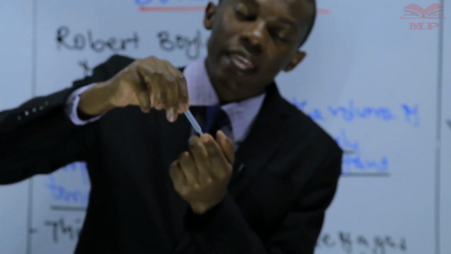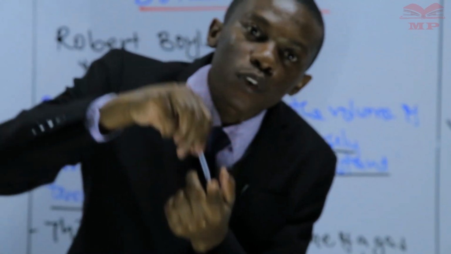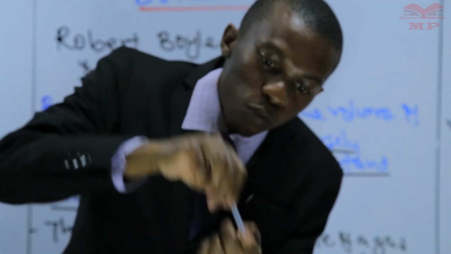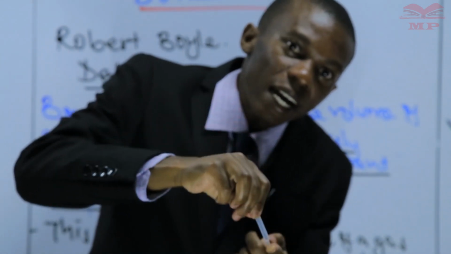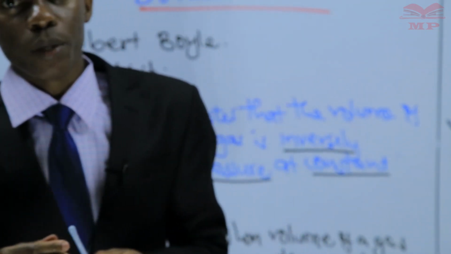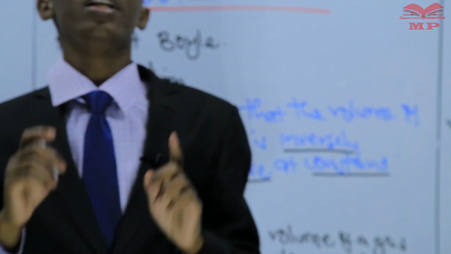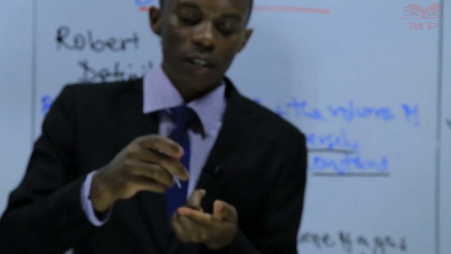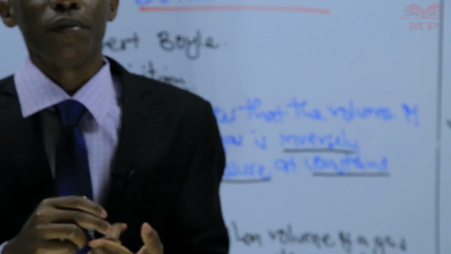That high pressure is now forcing my finger so that the air can get out. That is a simple demonstration. It shows that when you decrease volume, pressure increases, and that's why there's some force exerted on my finger.